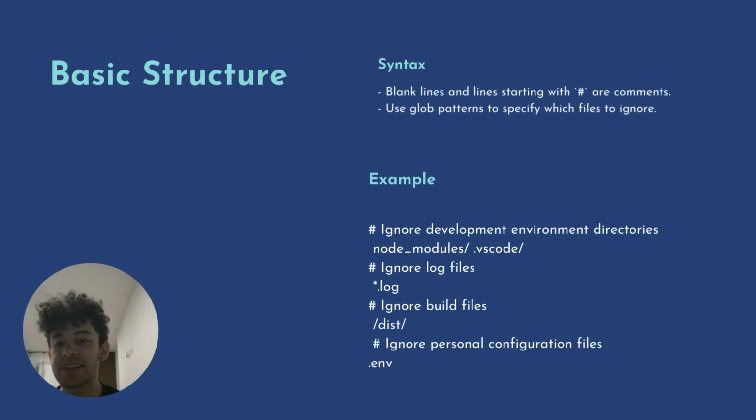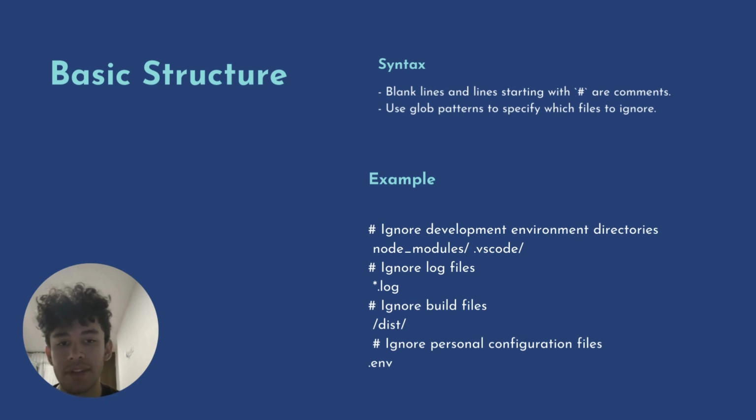Okay, now let's see the basic structure. A gitignore file has a very basic syntax. This kind of file uses blank lines, and lines starting with a hashtag are comments. Use glob patterns to specify which files to ignore. And we have now a very basic example of a gitignore file.